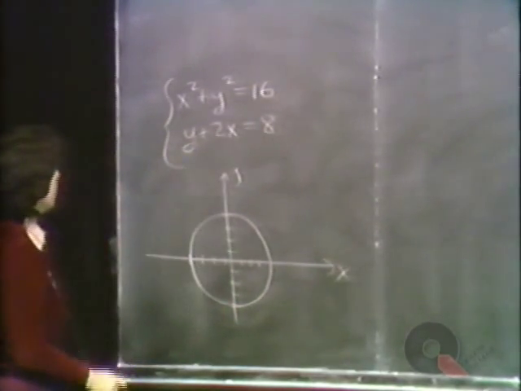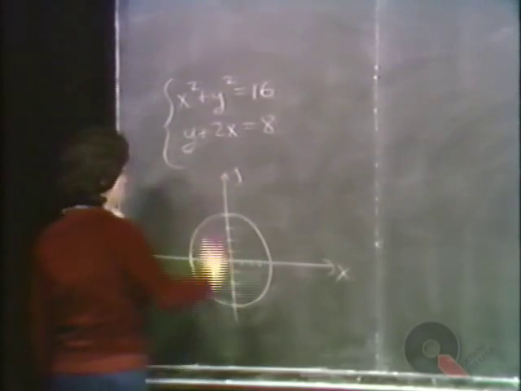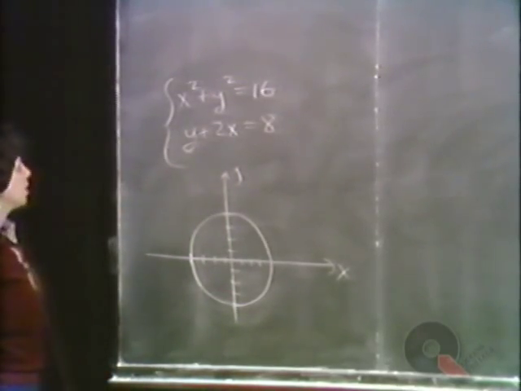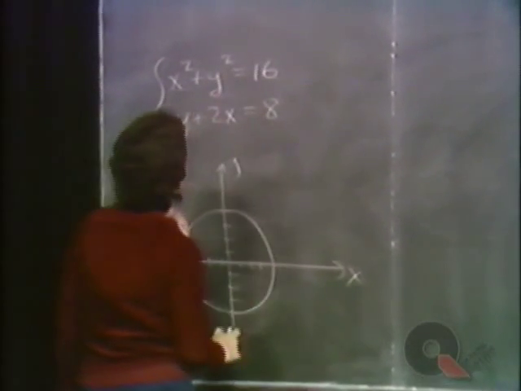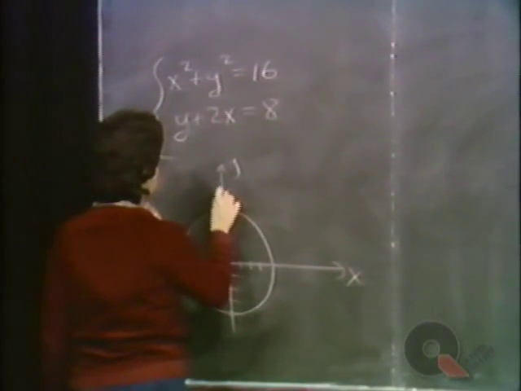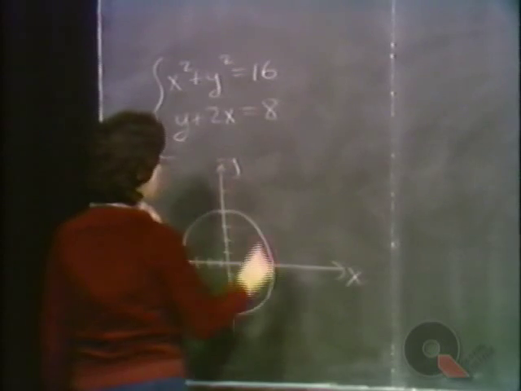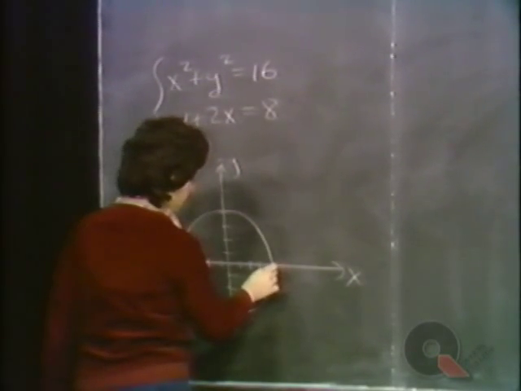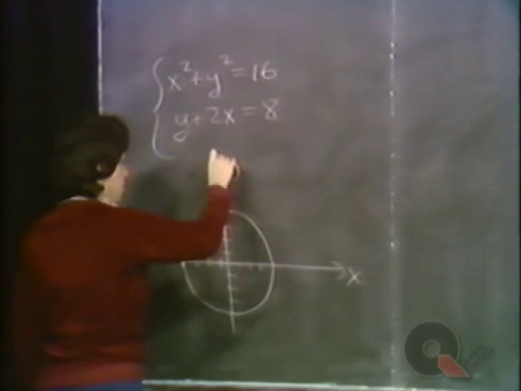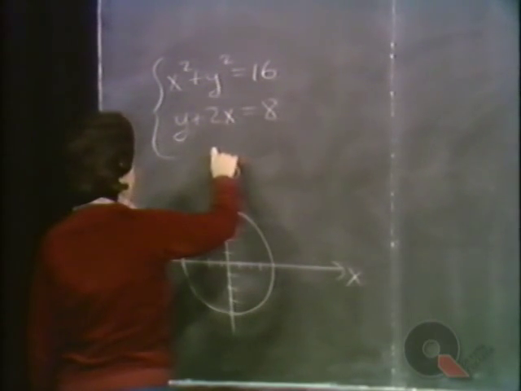The second equation, of course, is that of a straight line. Using intercepts, if x is equal to 0, y is equal to 8. If y equals 0, x is equal to 4. So it looks something like this.